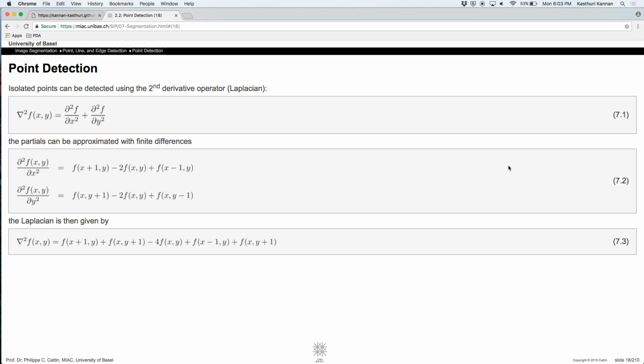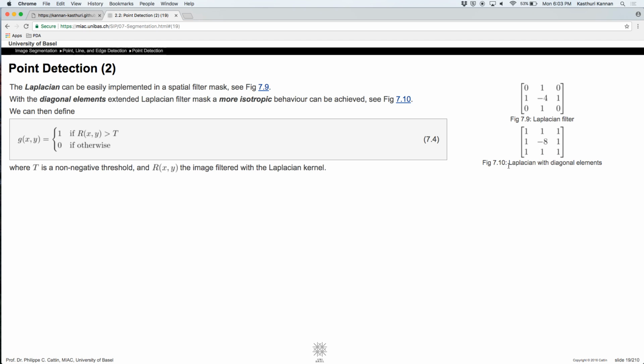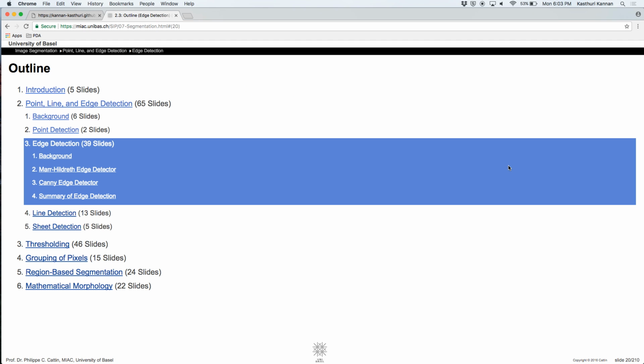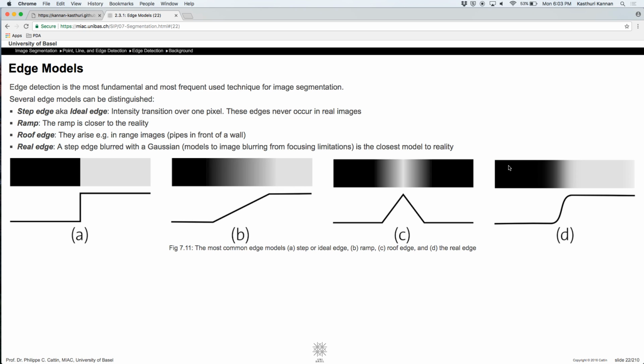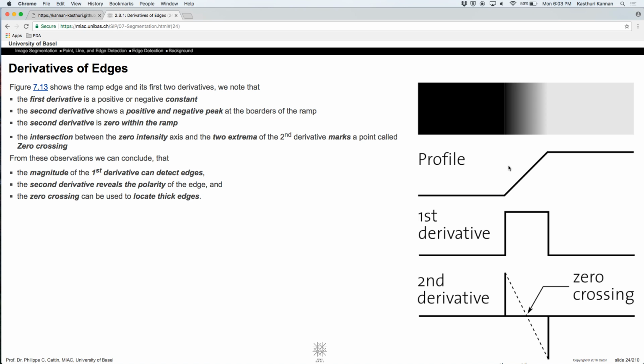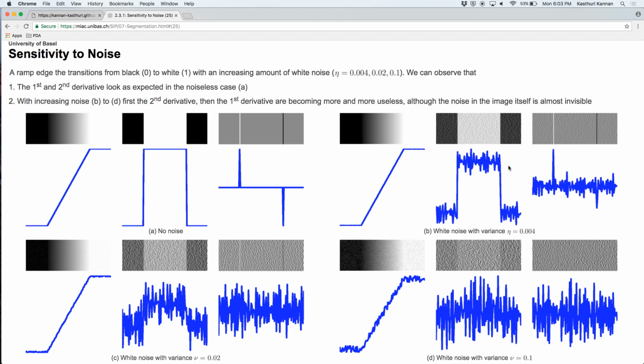Now the point is point detection. Like I said, the second derivative is higher, so we can compute it using what is known as a Laplacian. There are classic ways of finding the points and edges, and three methods. I will leave all these for you to go and study.